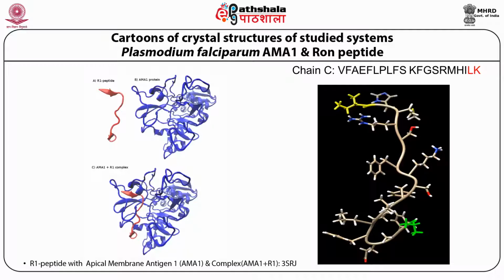By this interaction, the Plasmodium enters the human host, avoids the surface interactions and enters through it. This peptide is called the Ron peptide, that's why it's named R1. It was missing one or two residues, but we modeled it here as you see it. It has not a very defined structure, neither alpha nor beta, but it has a little turn in it. And this structure has also been elucidated in the bound form.